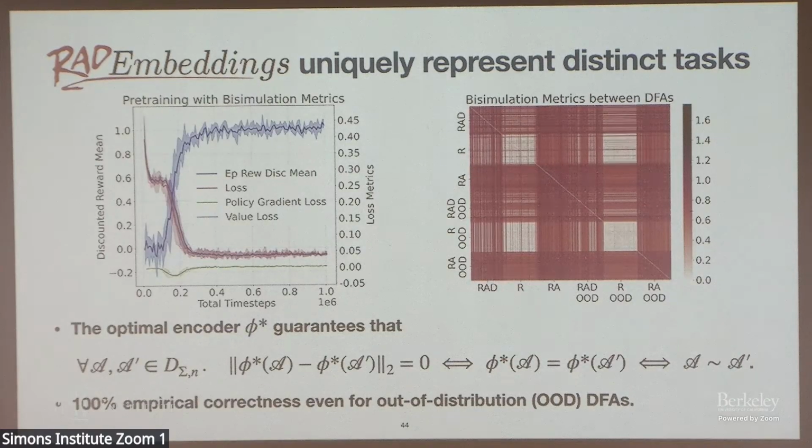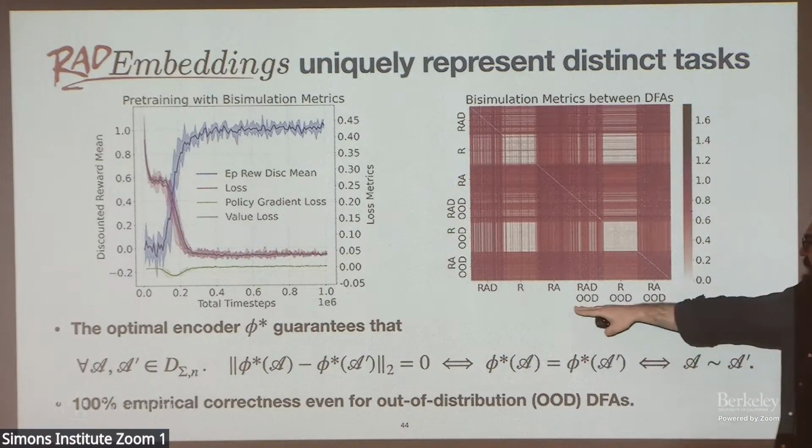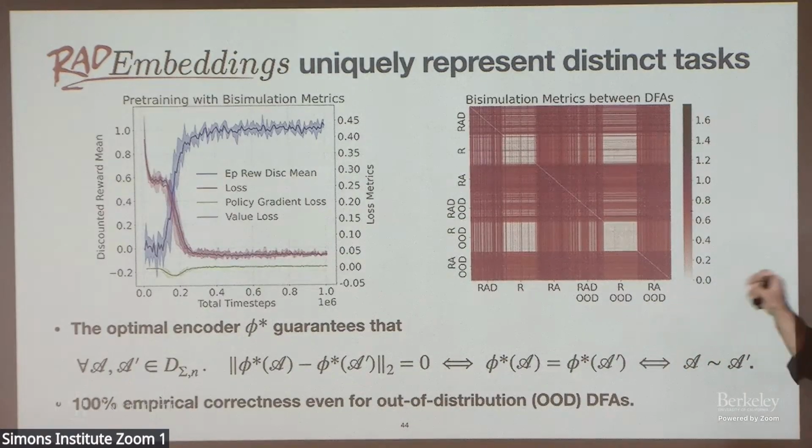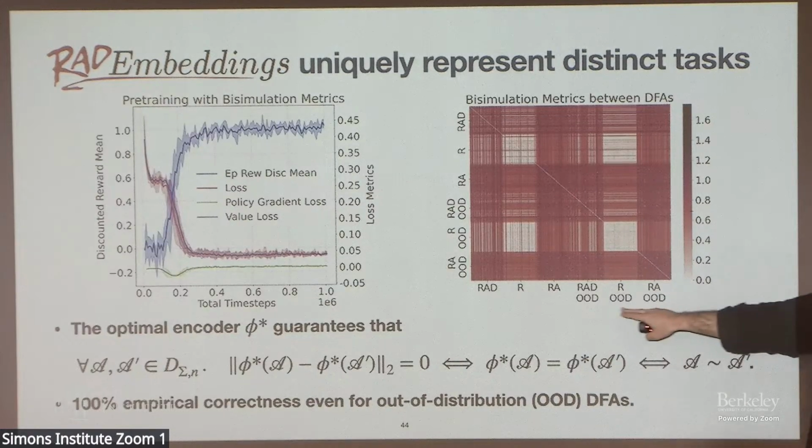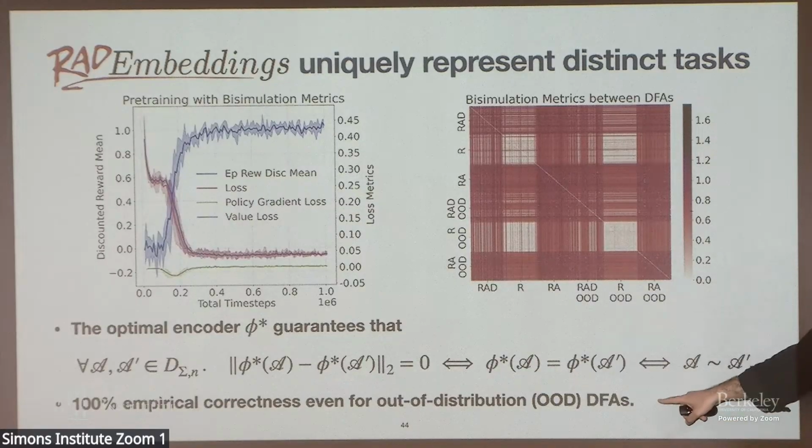And here these DFAs have at least 10, but at most 20 states. So we never saw DFAs this large during training. And when we check it, maybe you can see it, the diagonal of the heat map is 0. And we even get 100% empirical correctness for out of distribution DFAs as well.